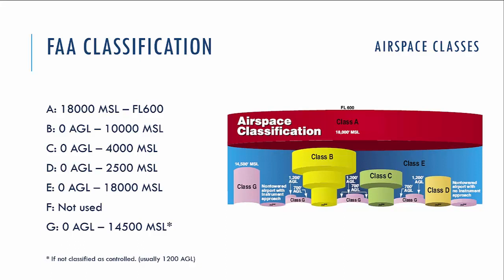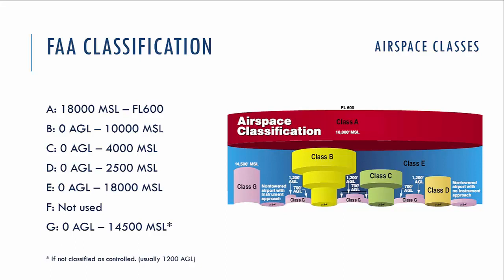Class C is the controlled airspace surrounding airports that have an operational control tower and are serviced by radar approach control. And class D is designated for airports with an operational control tower only. Class E is other non-classified controlled airspace.